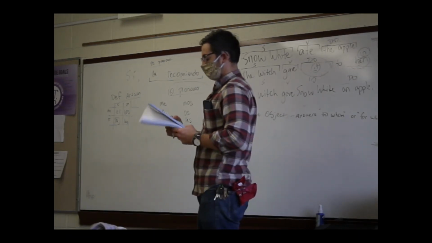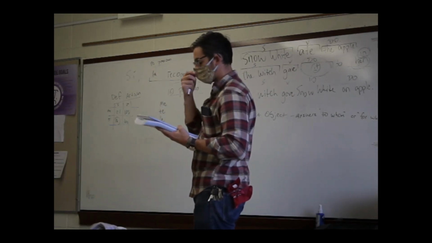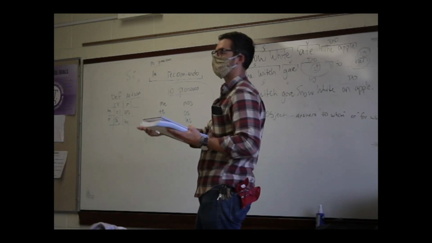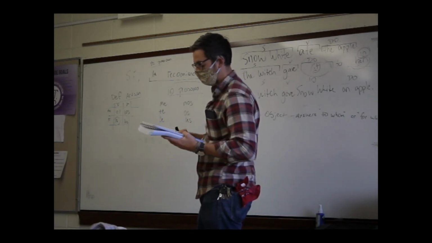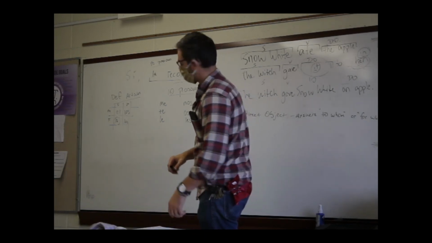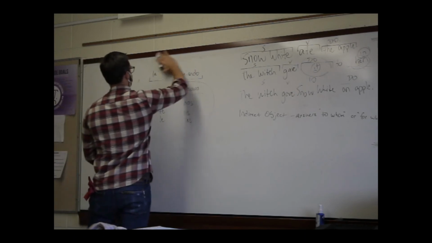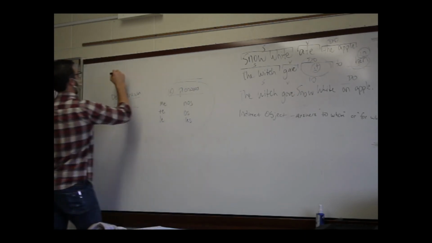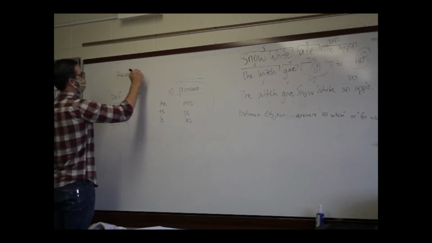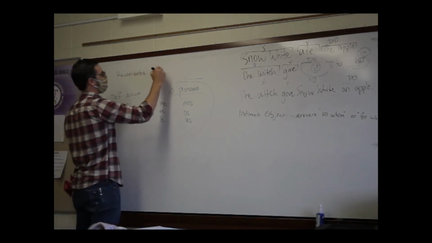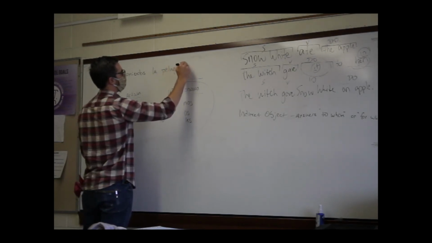Okay, let's keep reading. The indirect object, however, tells to whom or for whom the action is performed. It's the object that receives the direct object. So, ¿nos recomiendas esta peluquería? So, do you recommend it to us? So the first question was, ¿recomiendas la peluquería?